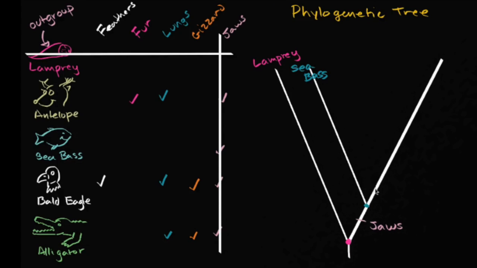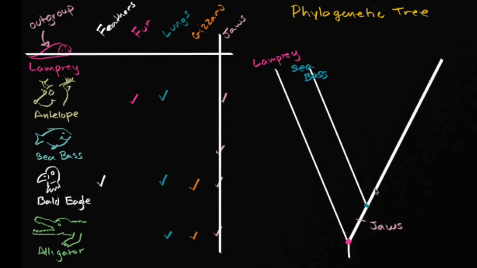So it's only reasonable to assume that after jaws, at some point in time, sea bass was getting derived, and it just kept existing, and maybe it evolved into sea bass, and it exists in the present time.